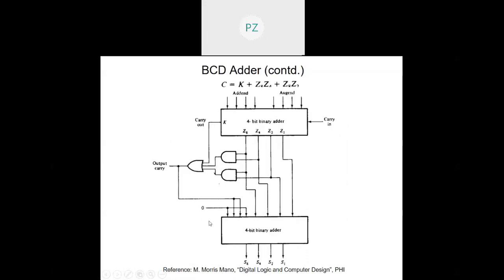So that is what, using 4-bit binary adder, I can realize a BCD adder, right? So go through it. This is a very interesting design, and this talks a great deal about the logic that we have been mentioning time and again, right? So that is how our decimal adder will operate, using two 4-bit binary adders and the corresponding correction applied.